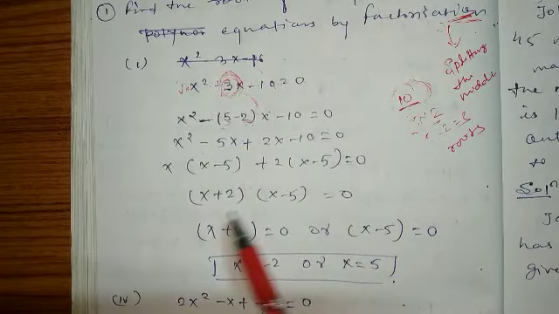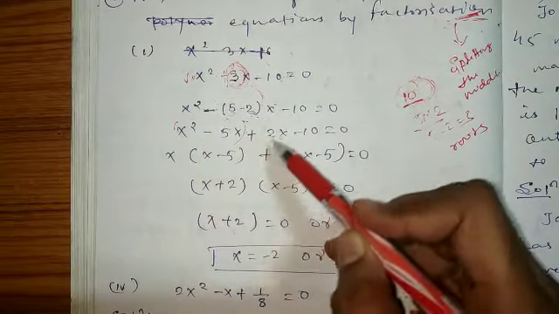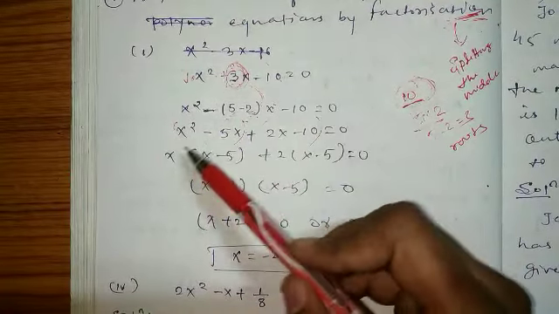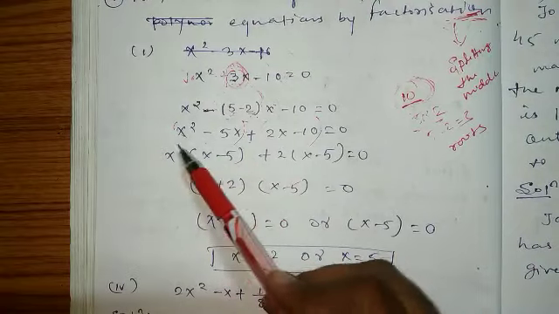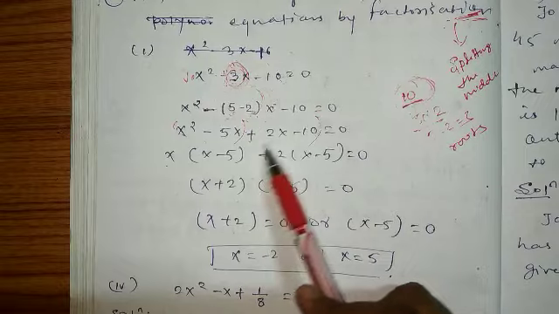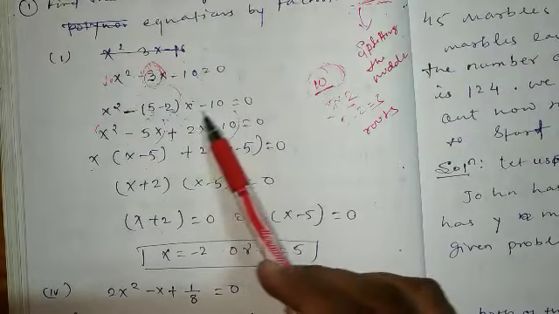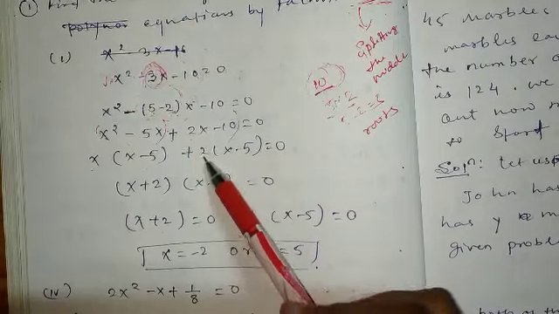Now we'll make pairs of these two expressions. From the first two we take x common, that is x into x minus 5, and from the other two we find the common factor, which is 2.